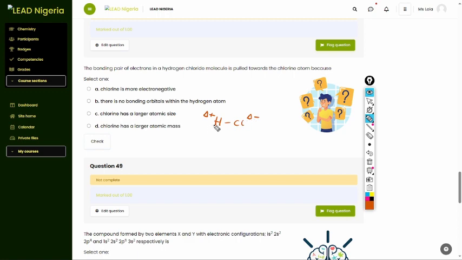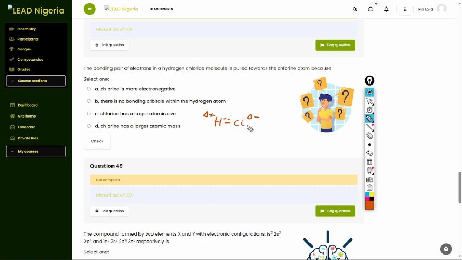The reason for this is because chlorine pulls the electron that is shared here. The line you see here represents a bonded pair of electrons. So chlorine pulls this pair of electrons closer to itself than hydrogen. The reason for that is because chlorine has a very high electronegativity. So electronegativity describes the ability of an atom to attract electrons to itself.